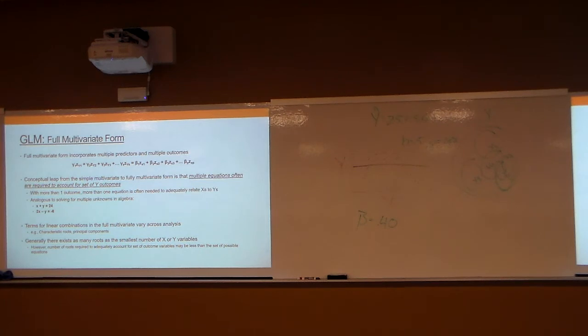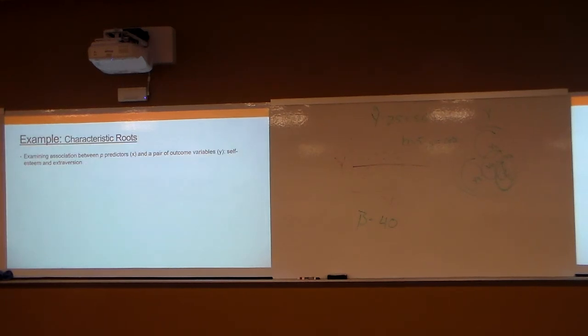Okay. So let's say I'm looking at the association between a number of predictors. Let's say I've got 10 predictors, 10 IVs, right? In predicting 2 outcome variables, I'm trying to predict self-esteem and extroversion. Okay. And if I go through and I look at here's my level of self-esteem and here's my level of extroversion, right?